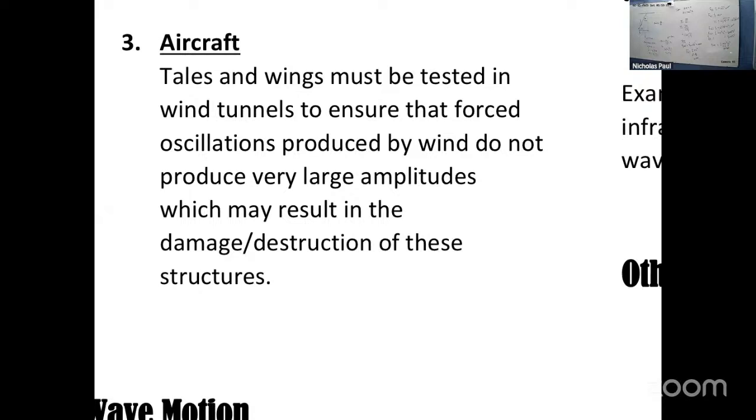So for example, your plane's wing is already oscillating. Everything oscillates, right? If the wind passing over it allows it to undergo resonance, the wing will oscillate too much. And if the oscillation is too large, the wing will be destroyed, right? So there are good and bad uses of resonance.